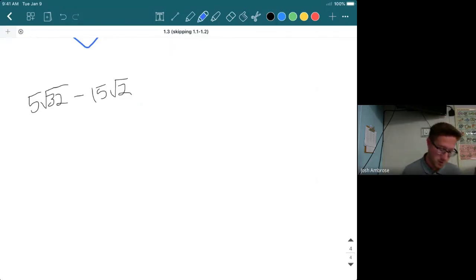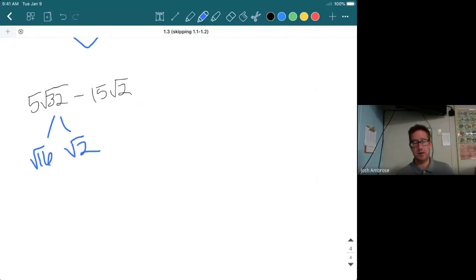Clearly not the same number. But what can we do with that 32? We can simplify it. We can break it down. All right, what would the easiest thing to break it down into? I'm thinking radical 16 and radical 2. All right, let's just keep it as easy as possible. Why do we like radical 16? Because radical 16 is the number 4.